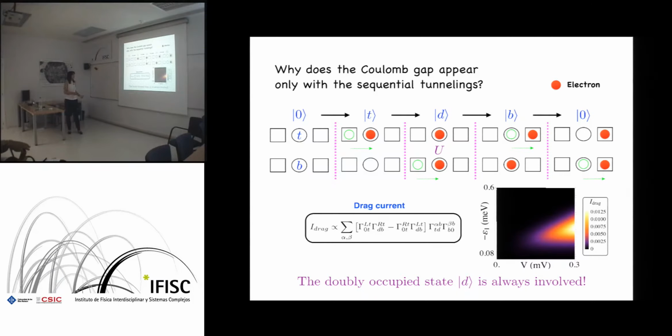And this is reflected in this type of gap that we see in the drag current. Okay? The doubly occupied state is always present there.